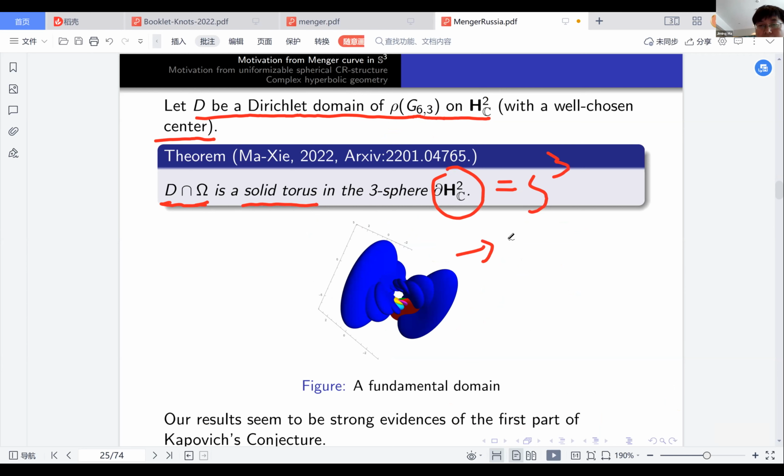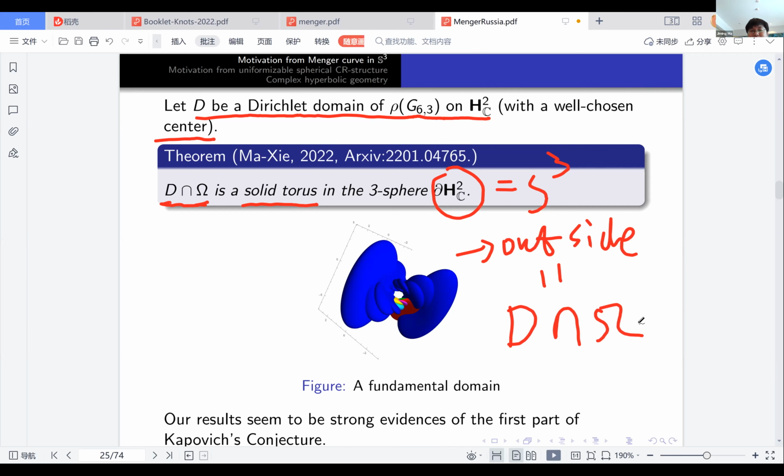The outside is D and the intersection of D and omega. From the picture it is easy to see that it is a solid torus, but it needs to be proved seriously.